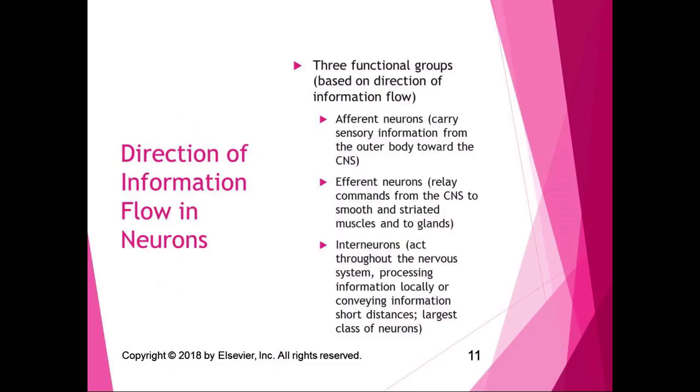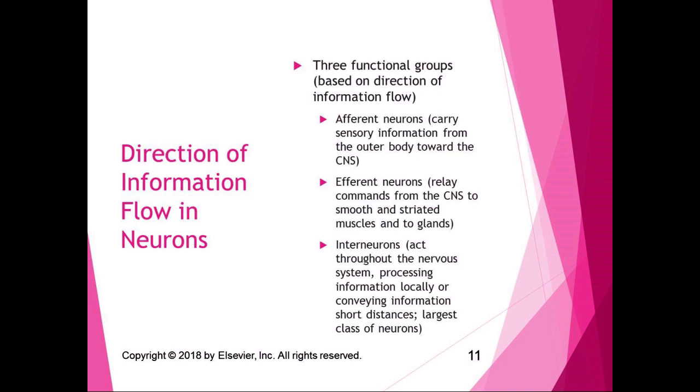There are three functional groups of neurons based on the direction of information flow. Afferent neurons are mostly sensory neurons. They carry sensory information from the outer body, from the periphery, towards the central nervous system. Efferent neurons are largely motor neurons, and they relay commands from the central nervous system to smooth and striated muscles and to glands.